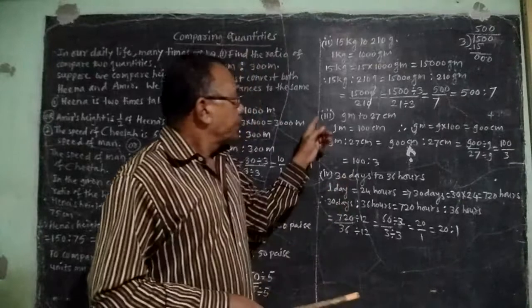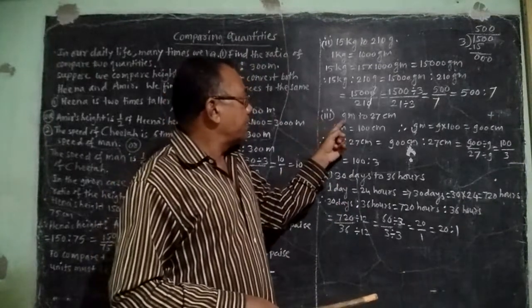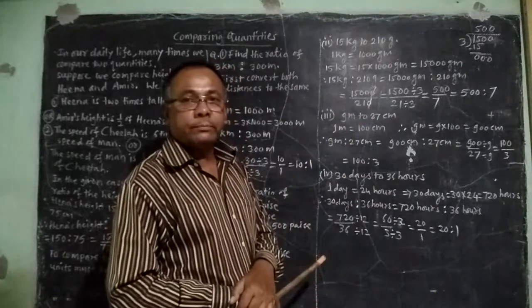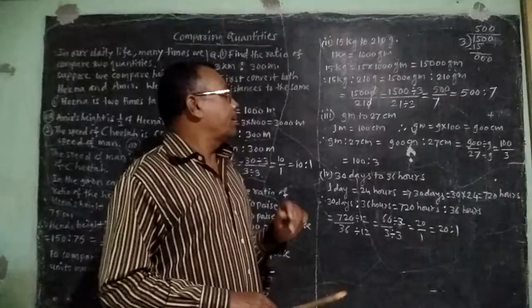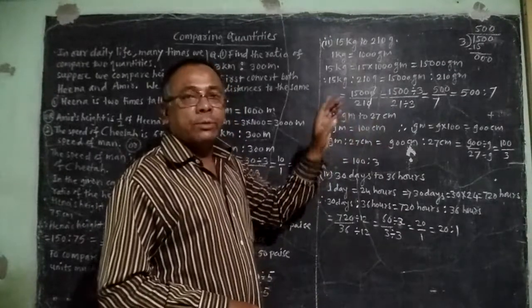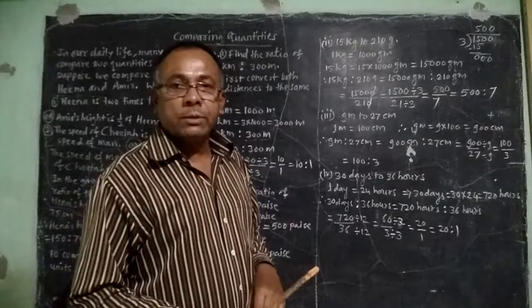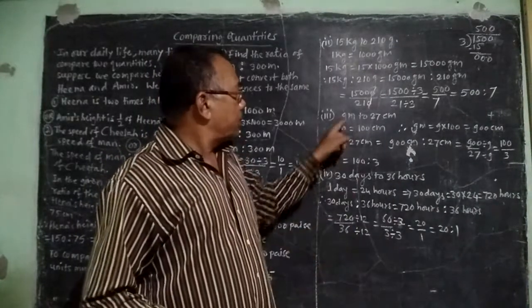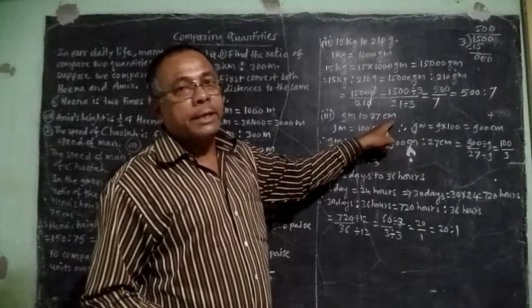Now there is one more example here, that is 9 meter to 27 centimeter. In this example, meter and centimeter are the different units of the two quantities. So here meter can be easily converted into centimeter.